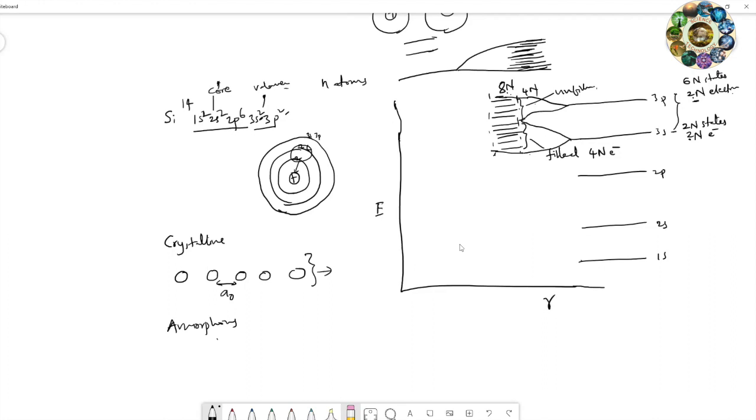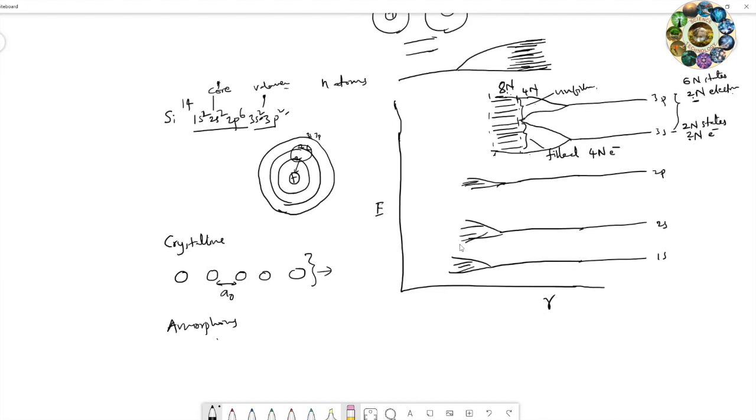When these atoms come closer and closer, the 2p and 1s also try to interact. The electrons in the 1s, 2s and 2p also interact and form a band of energy states. In this way the bands are formed.